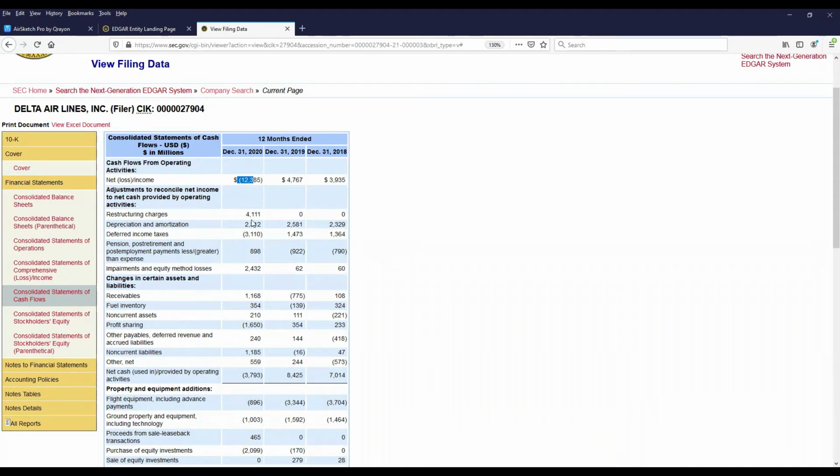Again, based on the accruals accounting principle, we have a lot of non-cash related figures being incorporated into the net income, right? For example, depreciation and amortization. Amortization we didn't study it, but depreciation we studied, right? The loss of value of your equipment. Like you purchase a laptop at $1,000. 2 years later, if you try to sell it at like Craigslist or eBay, then most likely you will not get $1,000, right?